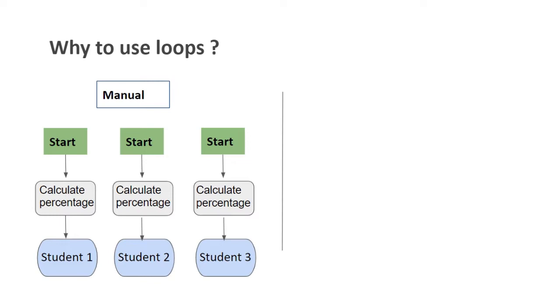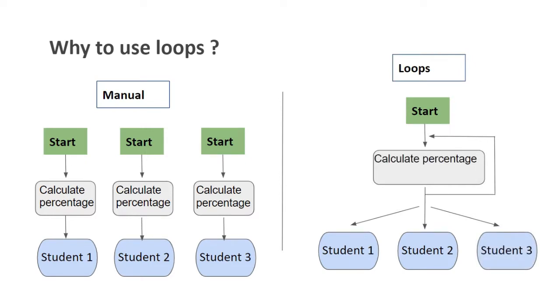But what if we have 1000, 10,000 or more students? So here we have our second way, that is loops. In this, what happens is it simply takes all marks in the subjects and returns the percentage for each student. Like in our case, it will return for student 1.